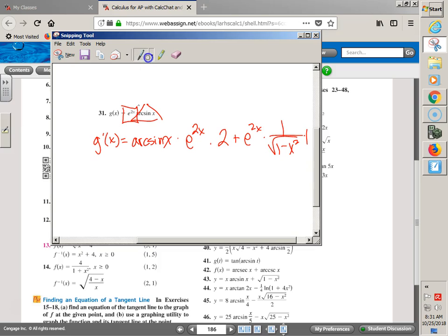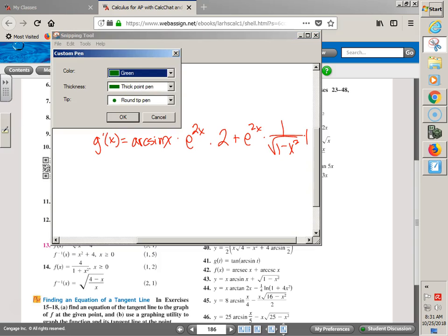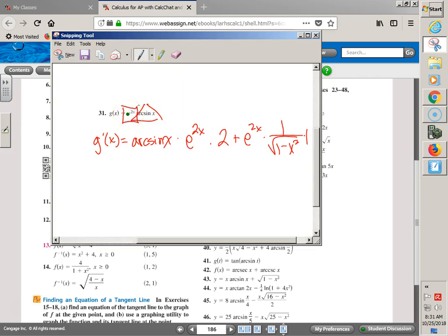Now, why am I purposely taking extra time to come over here and make it a green pen? Oh, that's not right. Lo siento. Where's my plus? There's my plus. What am I doing? Took all that time because something's in common.